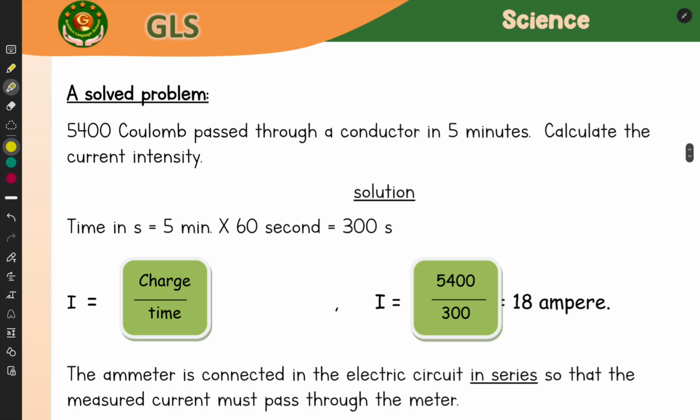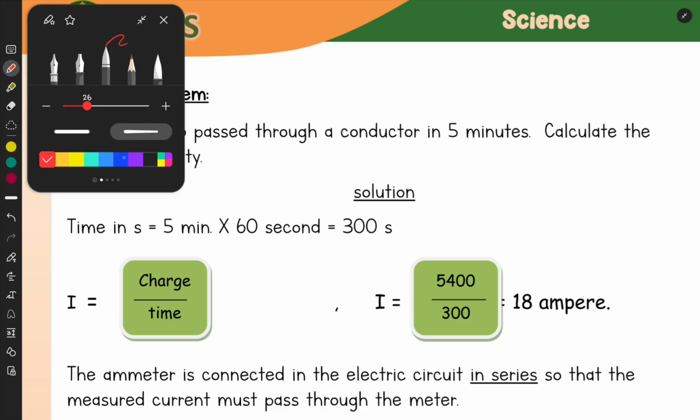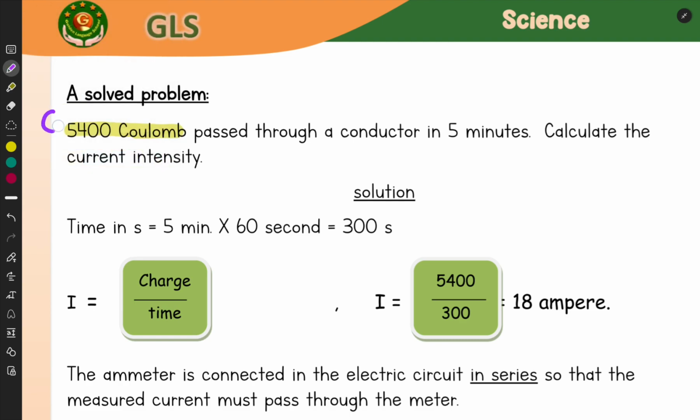A solved problem. If we have 5,400 coulomb, this means that this is quantity Q, and this charge passes through a conductor in 5 minutes. Of course, this is time.